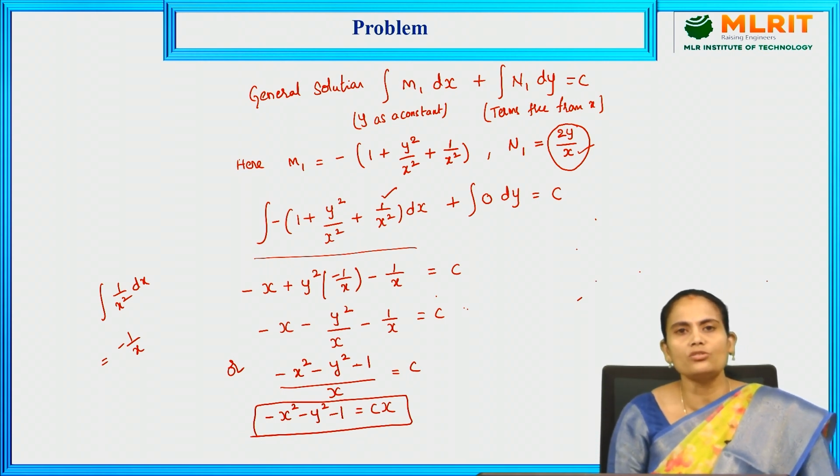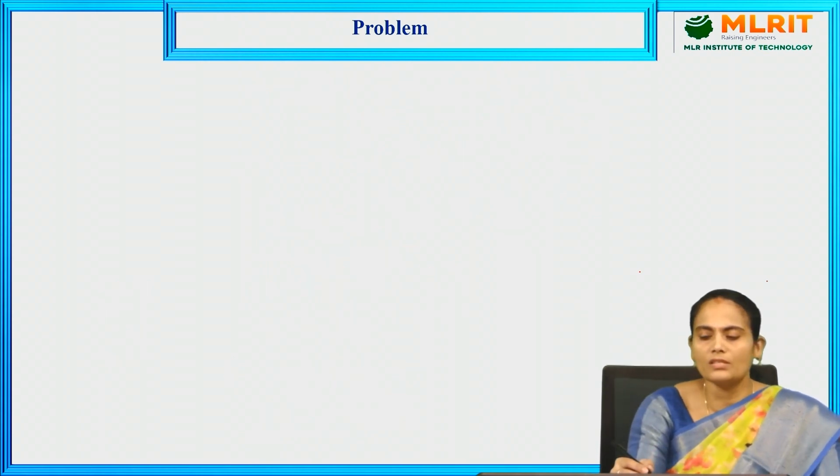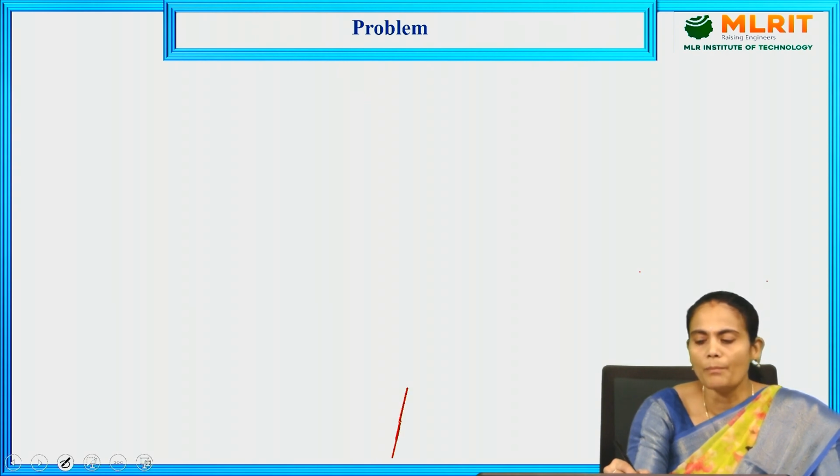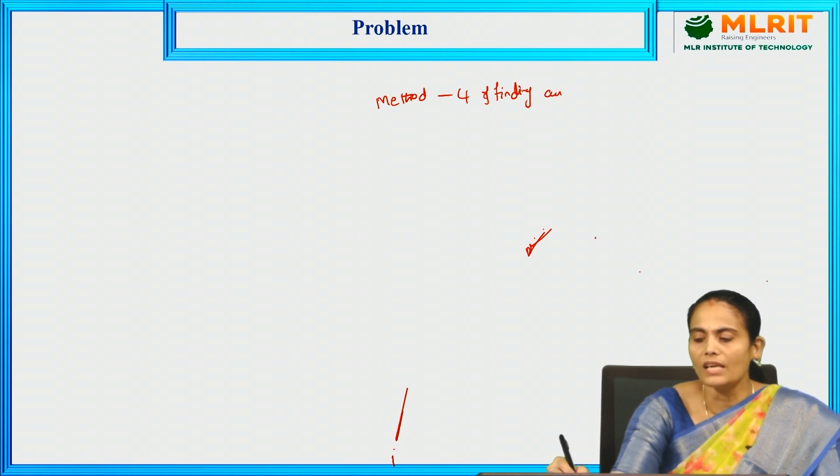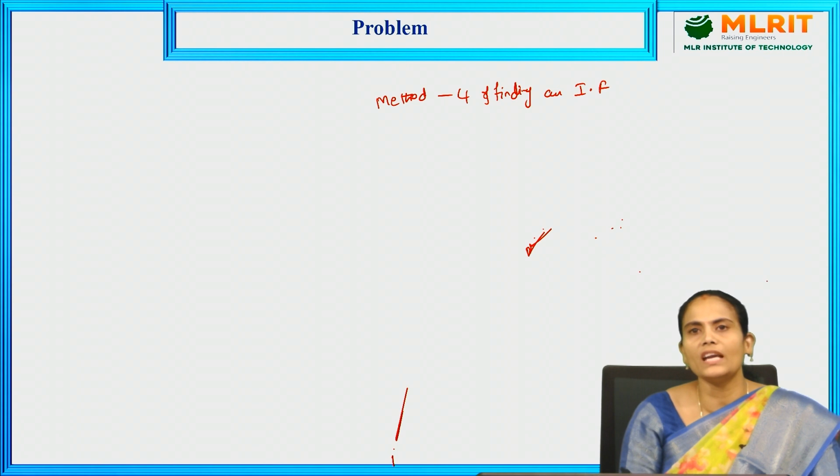So what did we discuss in today's session? We discussed method 4 of finding an integrating factor. What is method 4? Dou m by dou y minus dou n by dou x divided by n is equal to f of x.